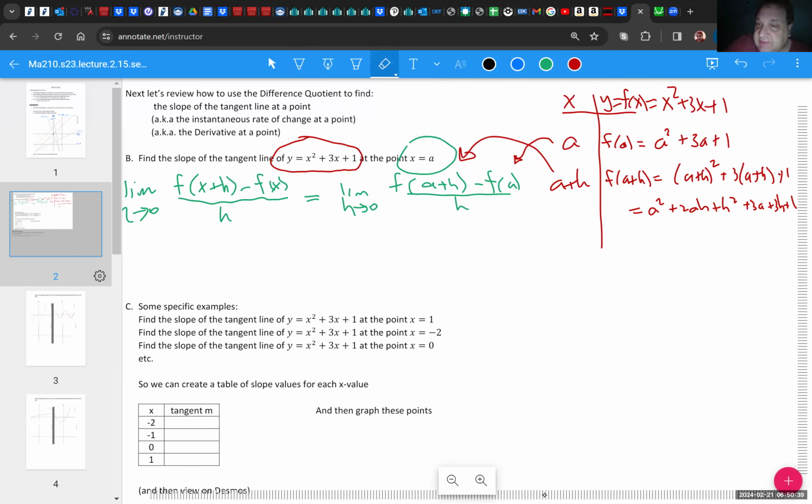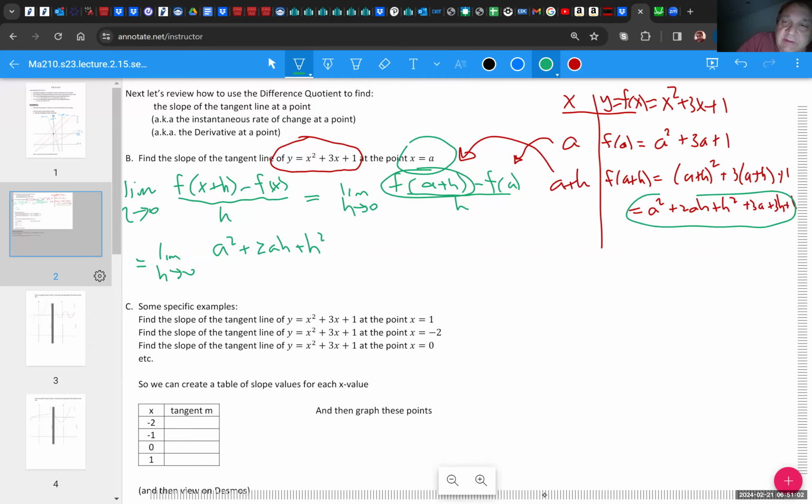Okay, so we continue our limit here. f of a plus h is given by this expression, so I put that in: a squared plus 2ah plus h squared plus 3a plus 3h plus 1.